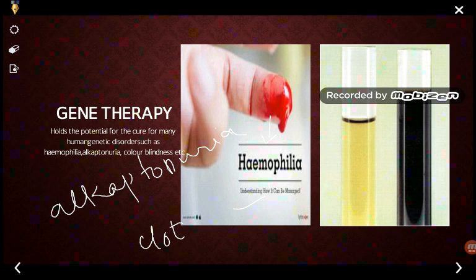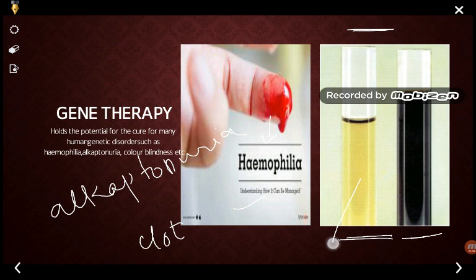The next image is related to alkaptonuria. It is an inherited condition in which the urine turns black when exposed to air. If a person is suffering from alkaptonuria, their urine turns black when it is exposed to the air.